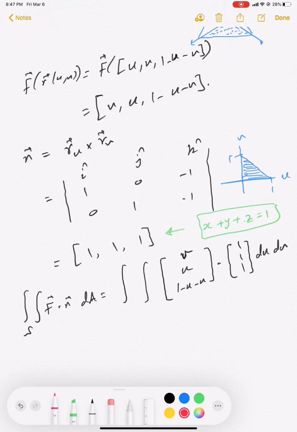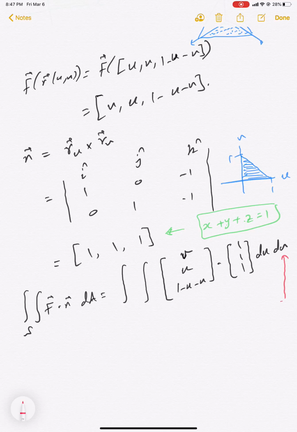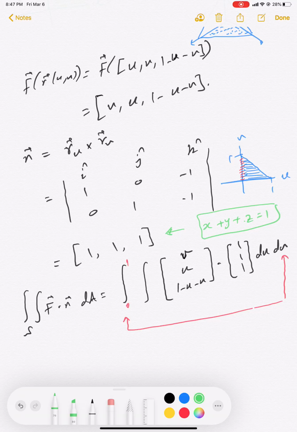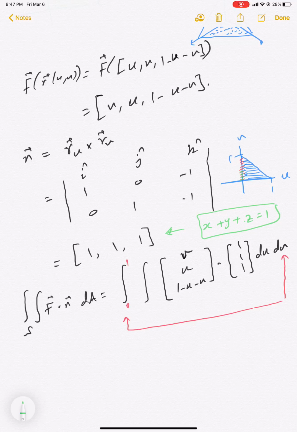Remember, to write the limits of a double integral, you always start with the outer integral. The outer integral represents the v values, and they are going from 0 to 1. Once you finish the v values, remember, the u values are not from 0 to 1. You go back to each of these v values and move in the u direction.